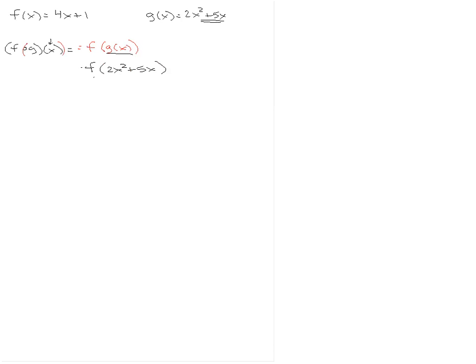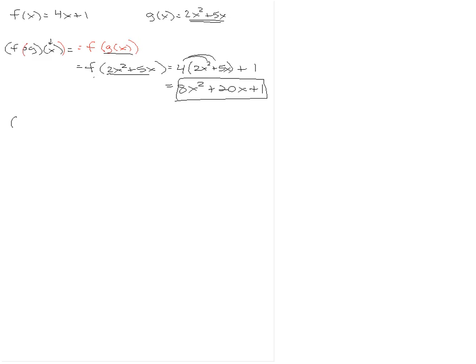Okay, now, whenever we have f of something, it means wherever there's an x in the f function, you replace it with what's in the parentheses. So in this case, you replace it with 2x squared plus 5x. So we distribute and we get 8x squared plus 20x plus 1. Nothing else can be added together. And there you have it.